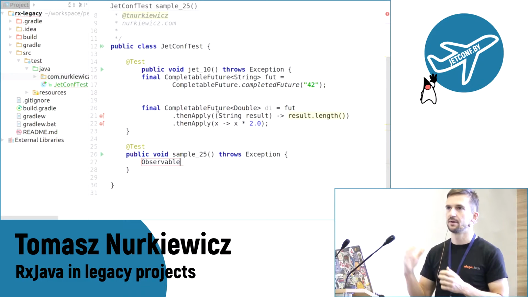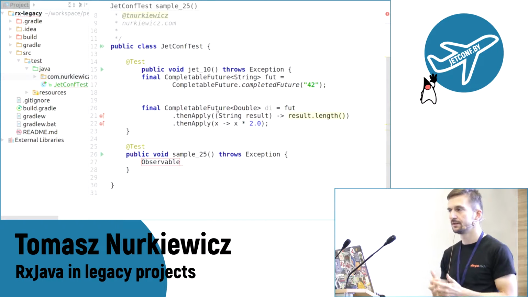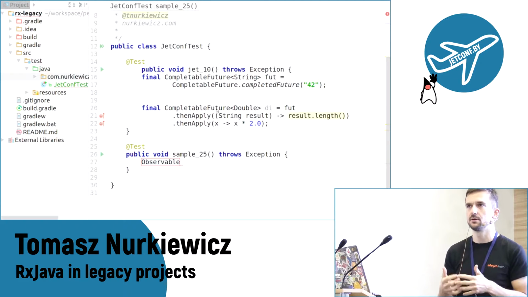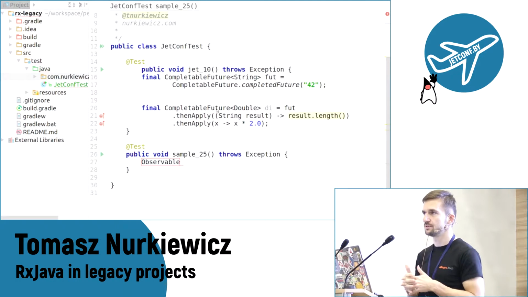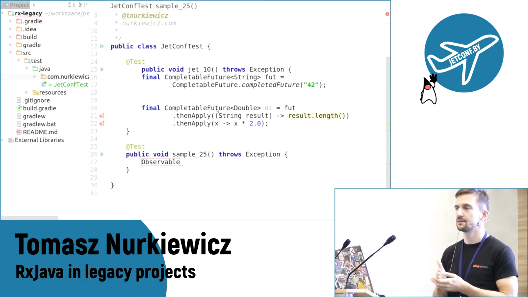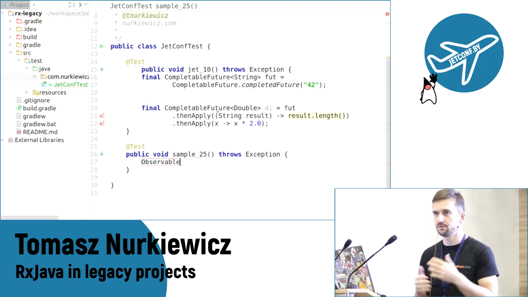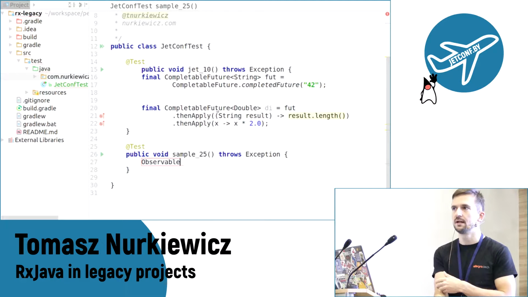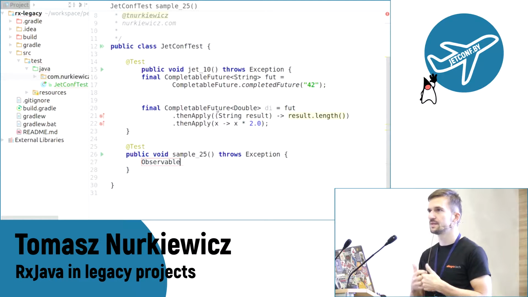So you have a stream, a sequence of results appearing over time, and you don't really control how fast or how slow they appear. And optionally, this stream can be terminated gracefully with just a normal completion, so that the stream of data signals that there will be no more values. Or there can be an exceptional completion.